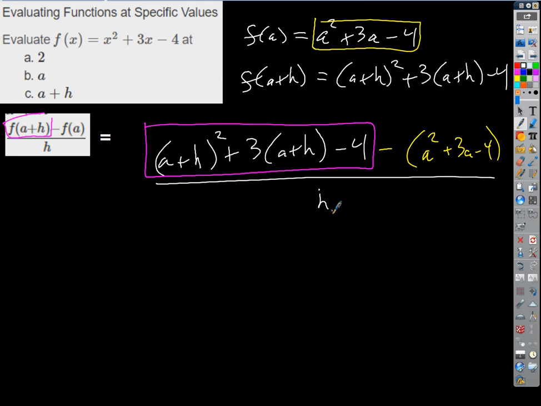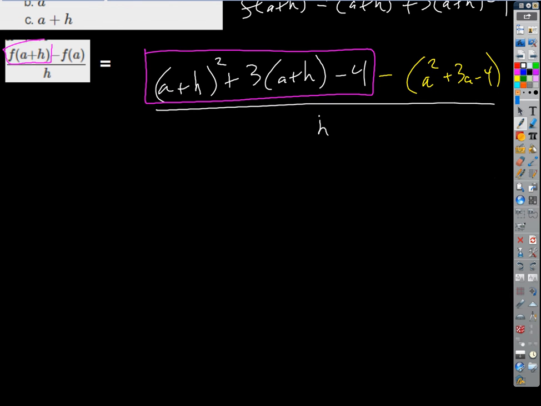So what would I have to do to simplify this? I've got this complicated looking expression. What are my options?